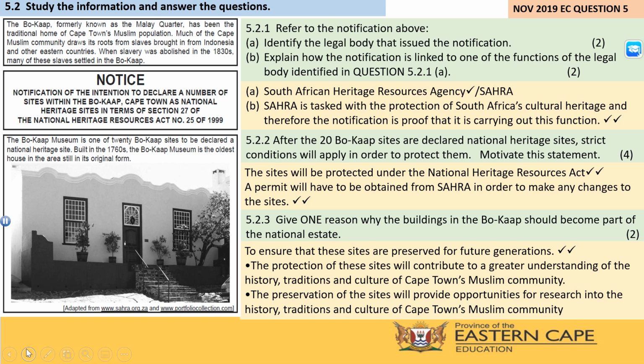So in understanding and indicating that the protection and preservation of the sites adds great value for research and understanding into the history, traditions and culture of the Muslim community in Cape Town, you are then showing that you are able to apply the knowledge that you have gained in this section of the work.